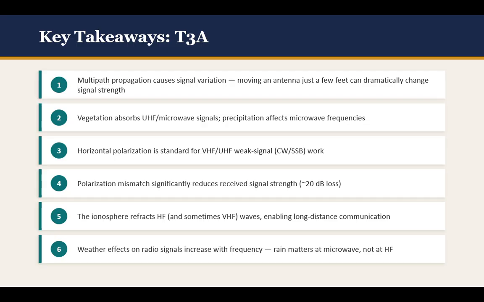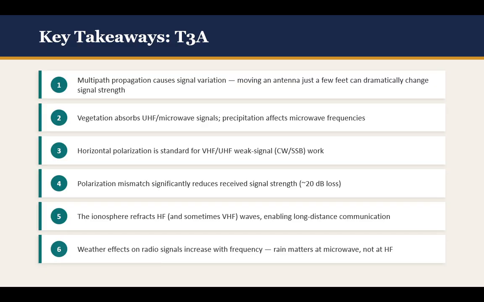Some key takeaways from this section. 1. Multipath propagation causes signal variation. Moving an antenna just a few feet can dramatically change signal strength. 2. Vegetation absorbs UHF microwave signals. Precipitation affects microwave frequency. 3. Horizontal polarization is standard for VHF, UHF weak signal, CW, SSB work. 4.